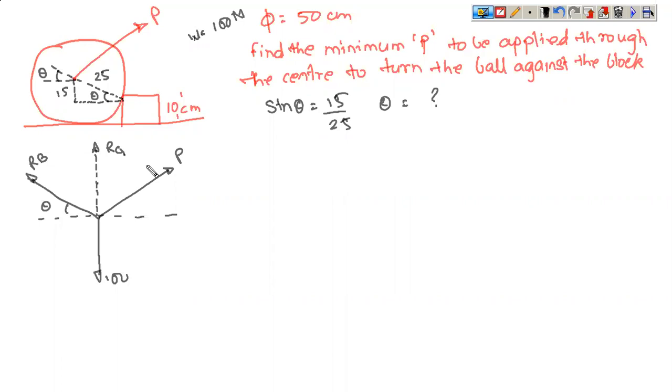So when the ball is going to turn against the block, that means the ball will be lifted. So once it is lifted, it loses contact from the ground. So once contact is lost from the ground, there will be no ground reaction. So if there is no ground reaction, this component will be eliminated.